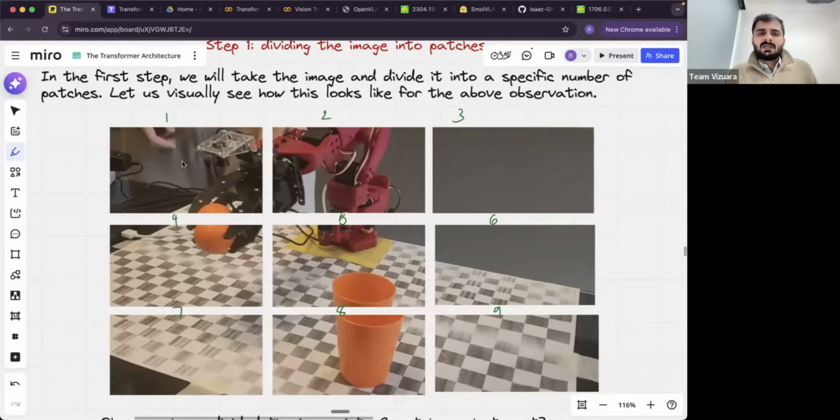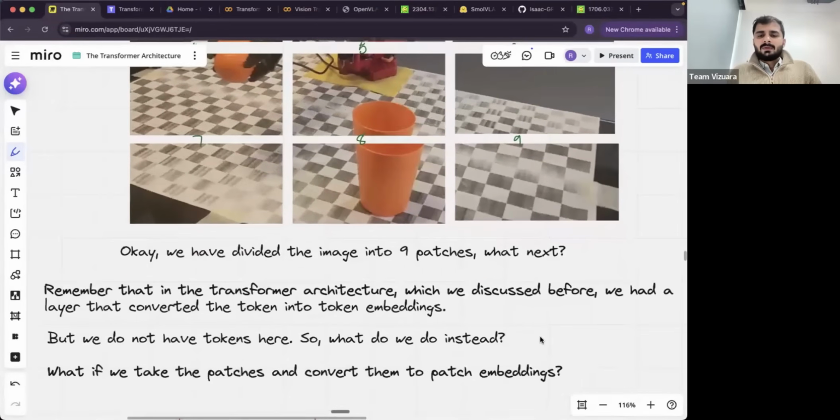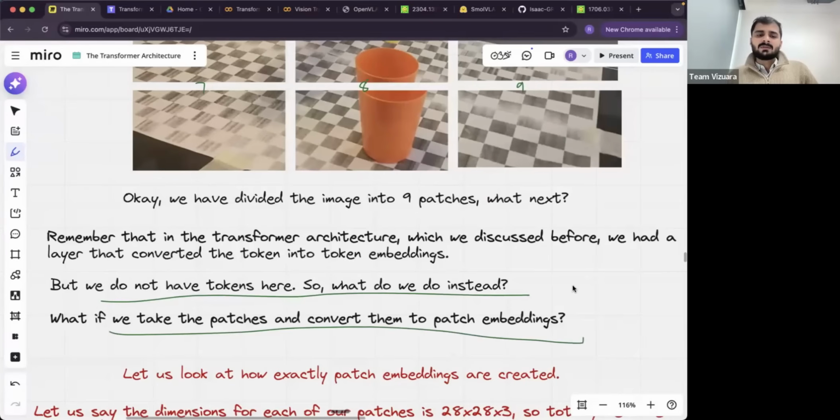Now we have these 9 different tokens, and these are not text tokens, that is fine, but we are converting text to an embedding anyway. So similarly, why can't we convert every single patch into an embedding vector? So we do not have tokens here, but what if we take these patches and convert them to patch embeddings?